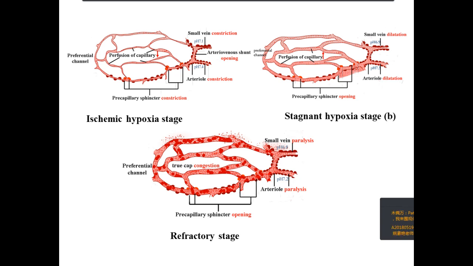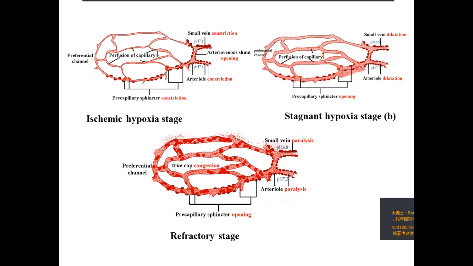The pathogenesis includes 2 parts. First, the cause of shock stimulates the sympathetic nerves, so catecholamine increases. Catecholamine acts on the alpha receptor.